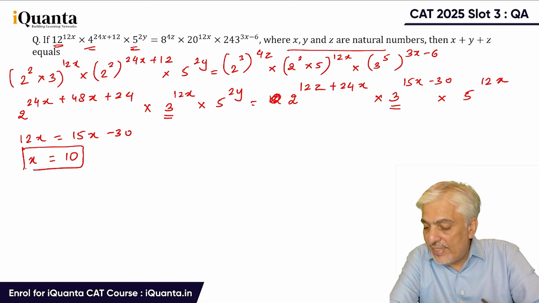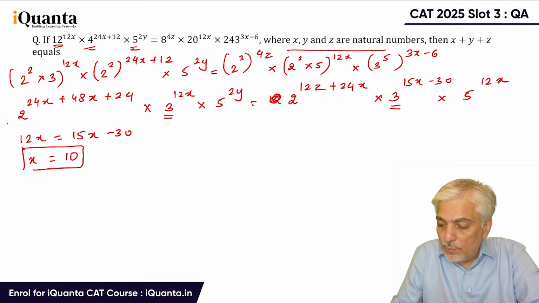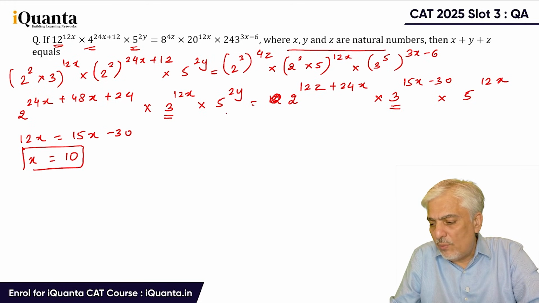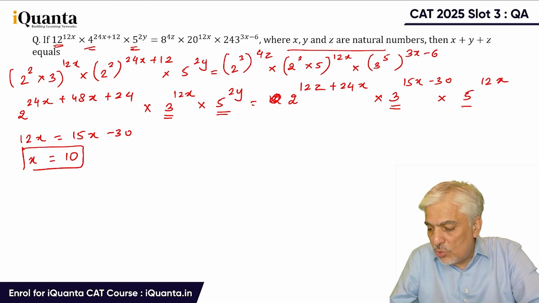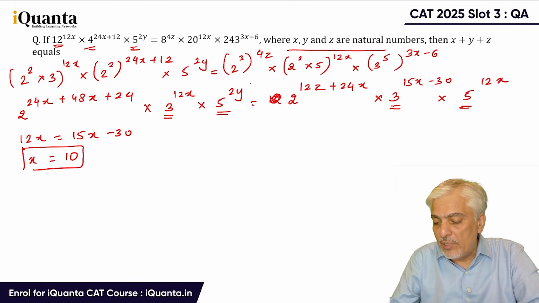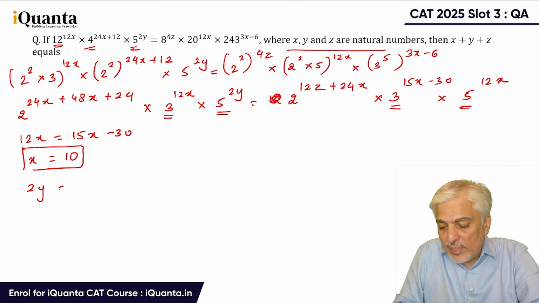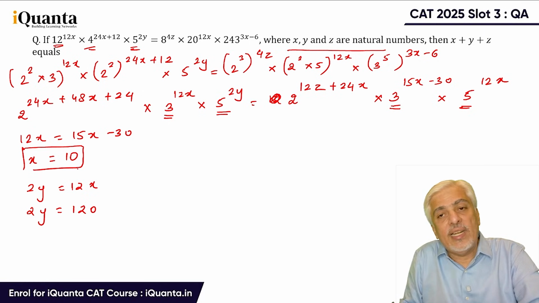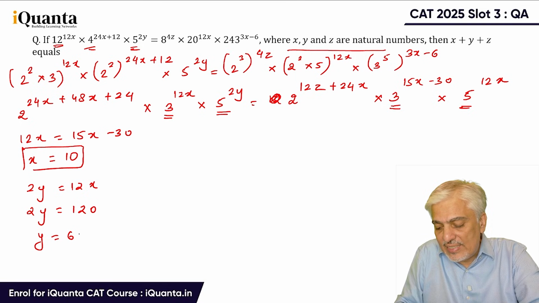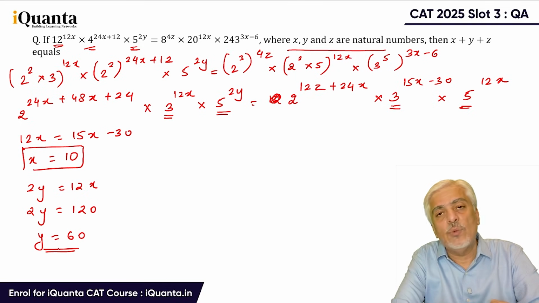Now, if I get x as 10, if you look at 2 or at 5, I'll get y because these two can be compared. X is 10, remember. So 2y is equal to 12x. So 2y is 120, because we've got x is 10. So we've got y is 60. So we got x and y both.